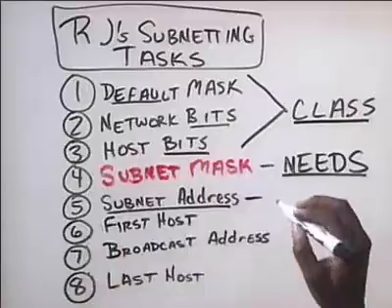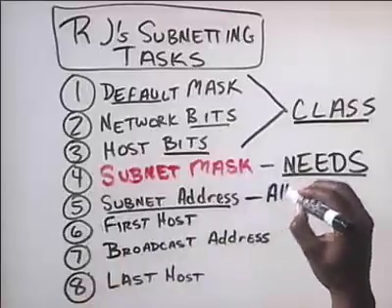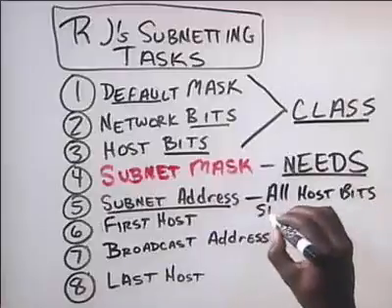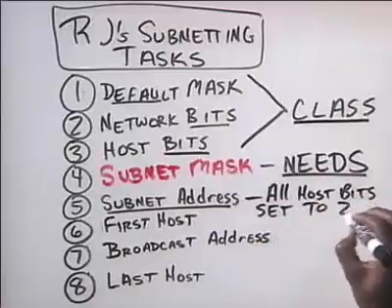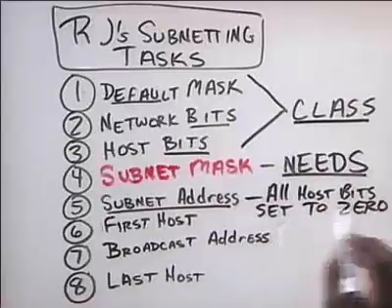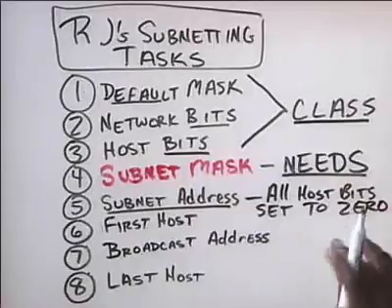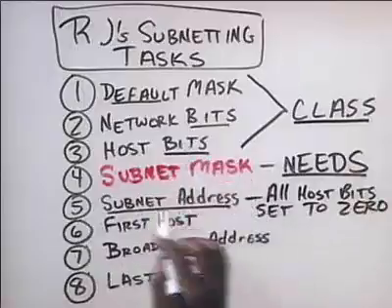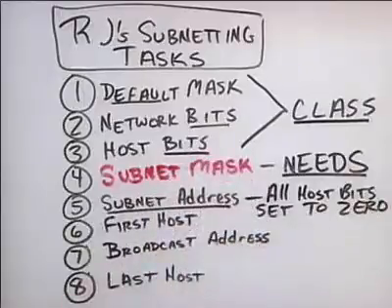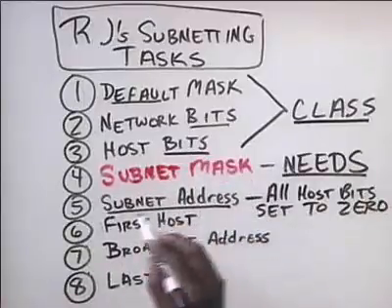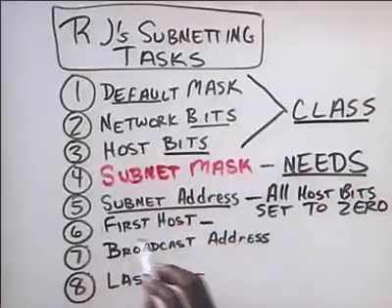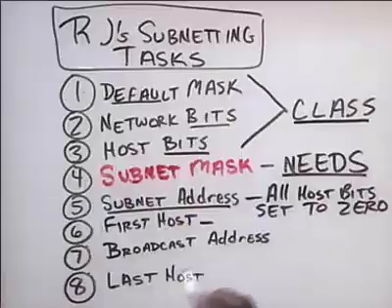The subnet address is all host bits set to 0. We'll follow this rule in order to determine what the subnet address or the subnet number is for any given scenario or situation.